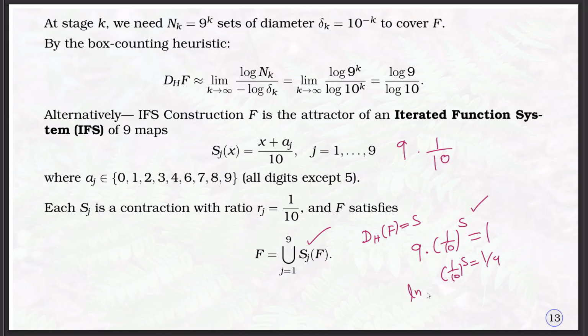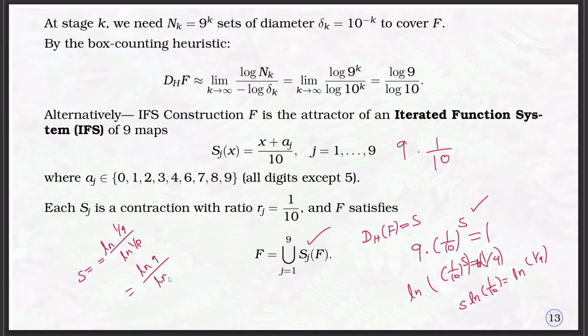Taking ln on both sides, s ln (1 by 10) equals ln (1 by 9). So s is ln (1 by 9) over ln (1 by 10), which equals ln 9 by ln 10, as given.